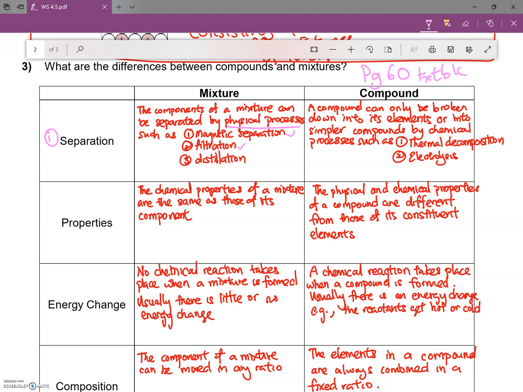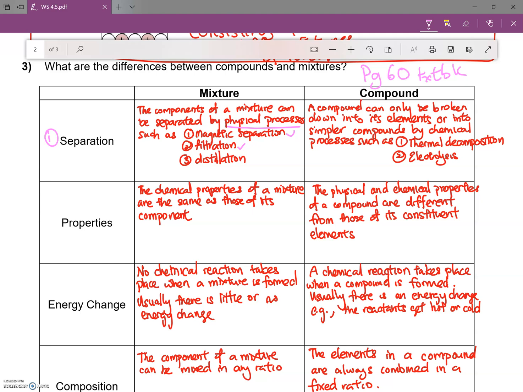Filtration is like using the sieve at home, or when you go and eat wonton mee or mee rebus, you realize that when they cook the noodles, they use this thing to get the noodles away from the water, and your noodles are sort of dry. So filtration is actually about separating the liquid from the solid. Okay, we'll go into that later on in the next chapter.